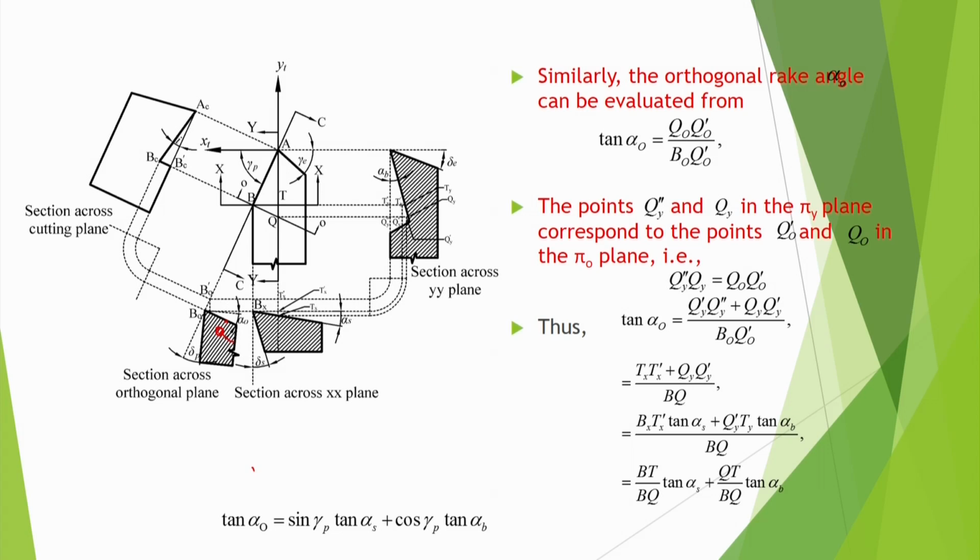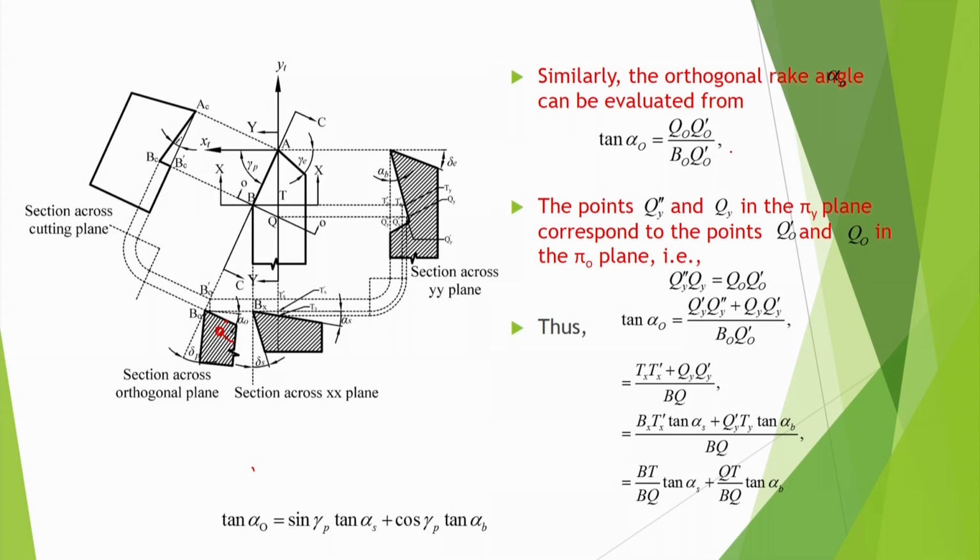That means tan alpha 0 is 0, B0, and I am cutting it on the surface. So this is B0 and multiplied by, we have got here on the top, Q0 and Q0 prime. So that means this is the orthogonal rake angle.